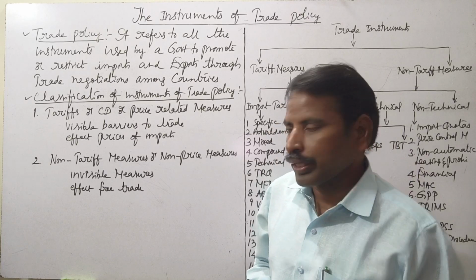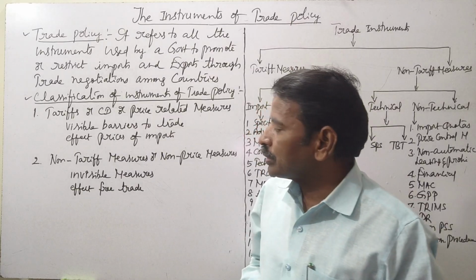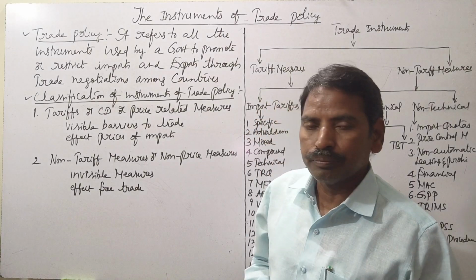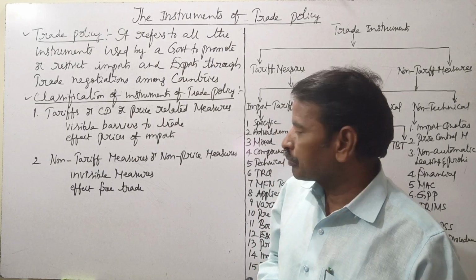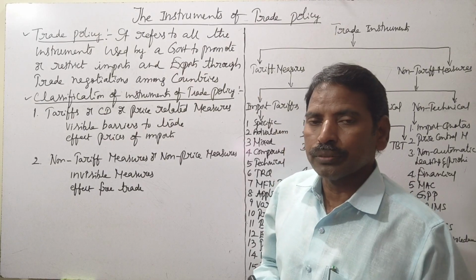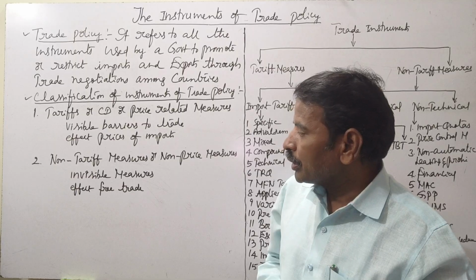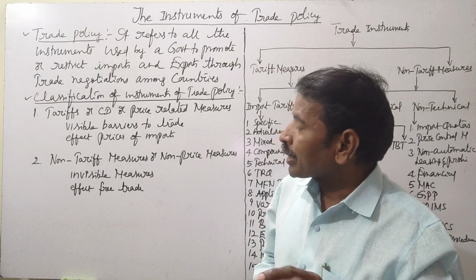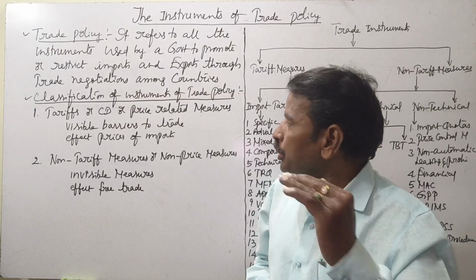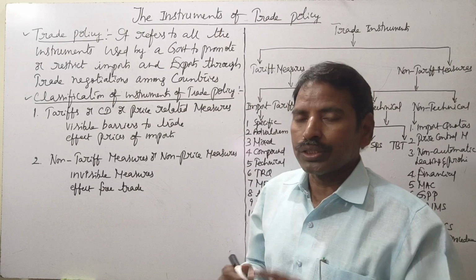This is the first category. The second one is non-tariff measures, also called non-price measures, also called invisible measures. So these are the classification of instruments of trade policy.